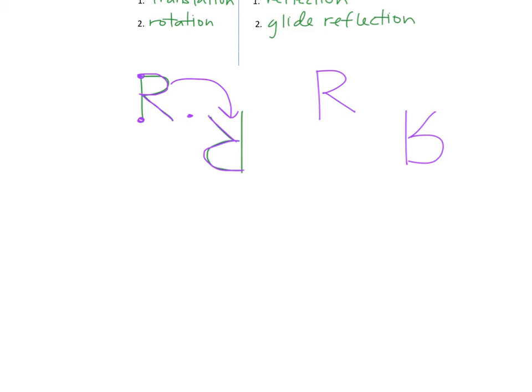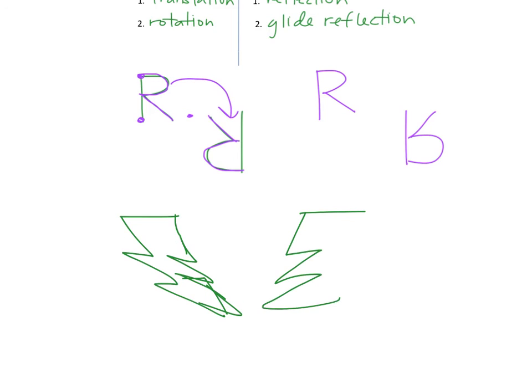I'll show you what I did earlier today, but I cannot draw, so don't judge me. A lightning bolt, and then my lightning bolt goes like this. Pretend they look the same. Would that be an opposite orientation or same orientation? Opposite, right.